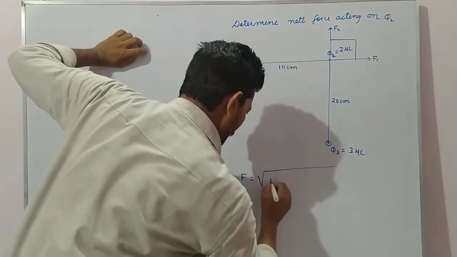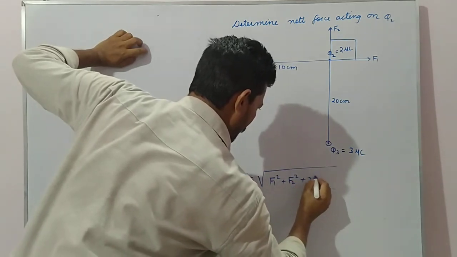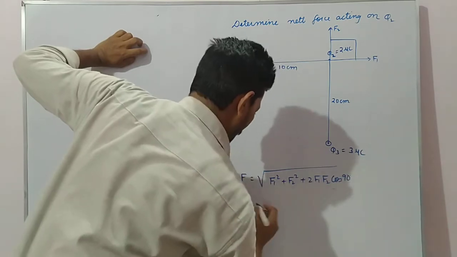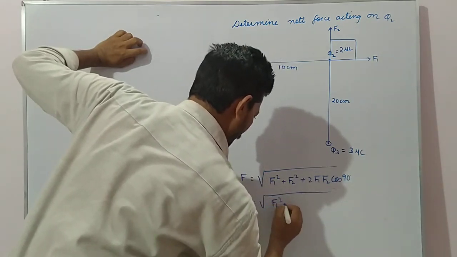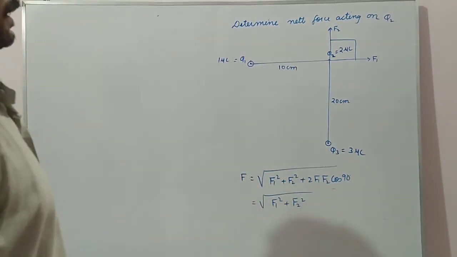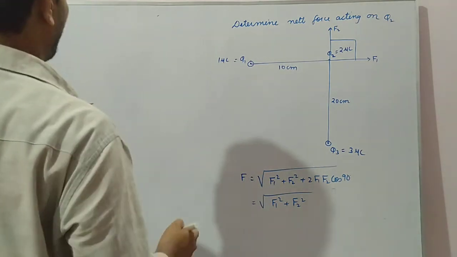So the resultant force F is equal to root over F1 square plus F2 square plus 2 F1 F2 cos 90. Cos 90 is 0. So this is F1 square plus F2 square. Now we can find F1 and F2 and then put the values.